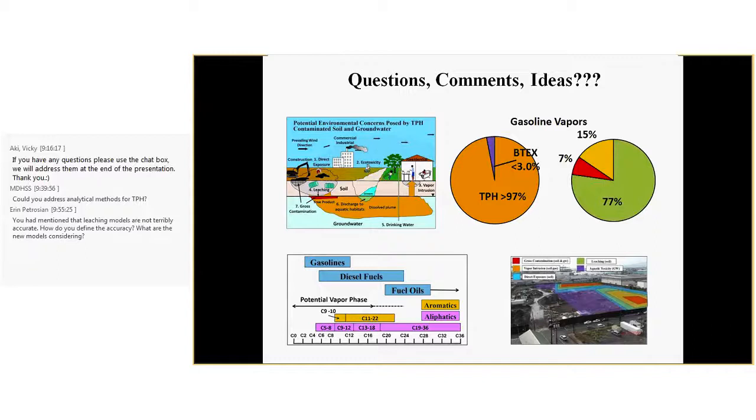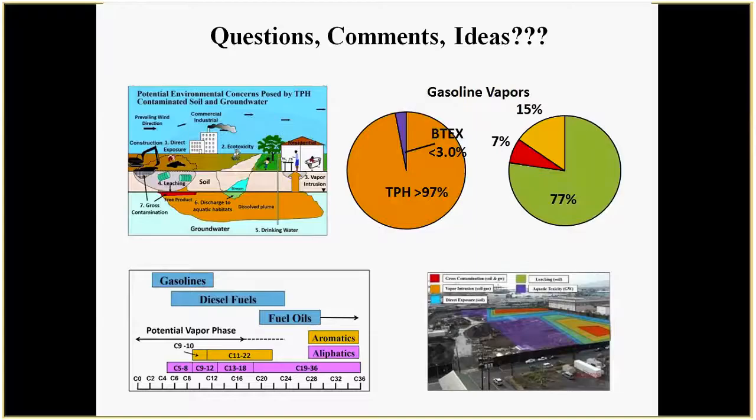Okay, second question: you had mentioned that leaching models are not terribly accurate. How do you define accuracy? What are the new models considering? Well, there are two main models that are used. One is a really simplistic model that's actually included in the US EPA screening level guidance. That one is way too simplistic for any type of contaminant. We don't use it. It doesn't take into account fate and transport. And we know from experience at sites, based on concentrations in soil and where we can look at the groundwater underneath, that these models way over predict impacts, the ability of these contaminants to leach out of soil and impact groundwater.